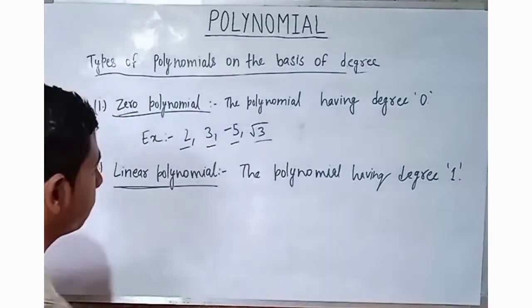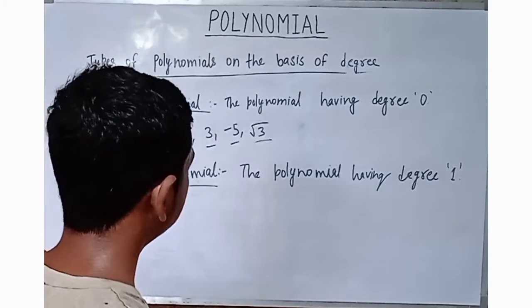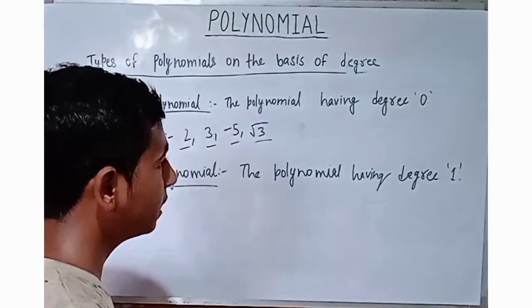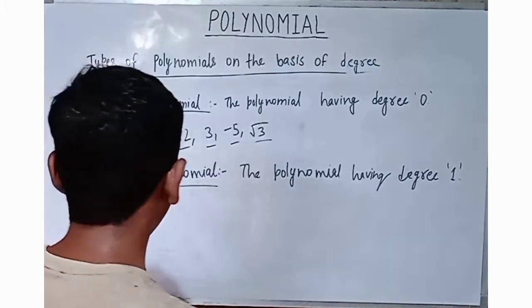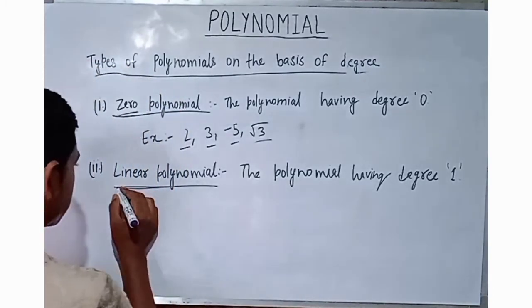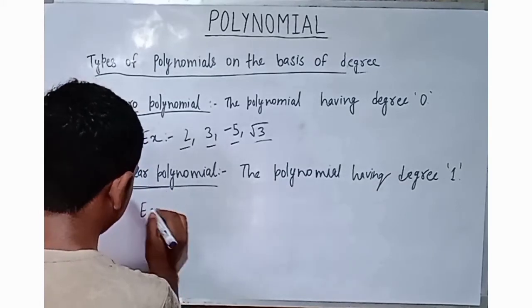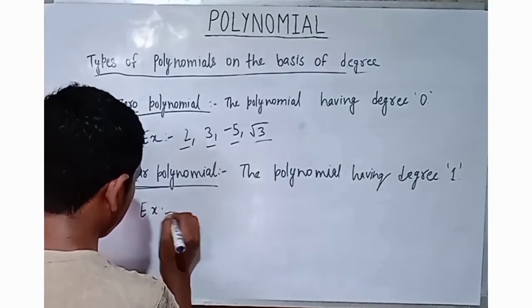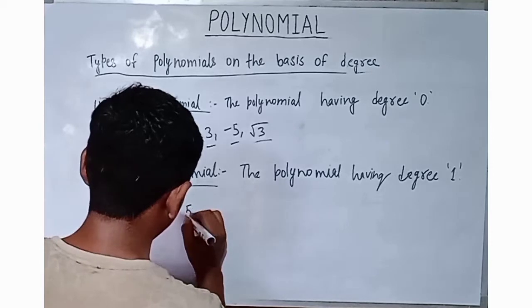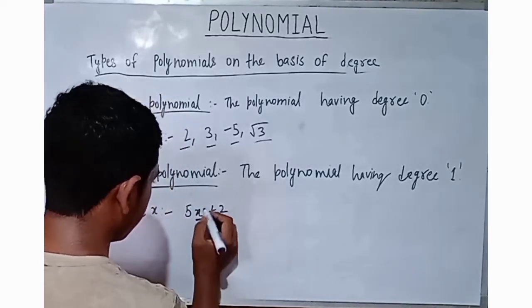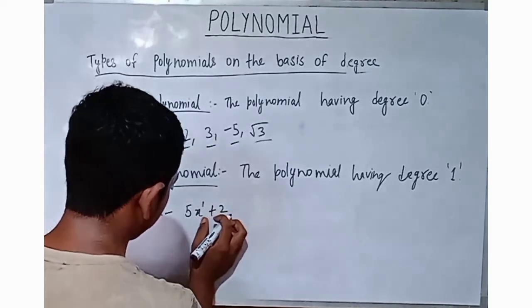Now tell me, you remember that you have listened in the previous class a word that is equation. I will tell you later. First of all, I should complete this. So linear polynomial, for example 5x plus 2. So the power of the variable is 1, x to the power 1.